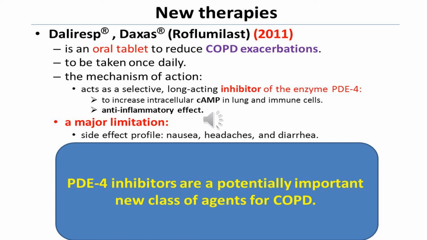This causes an increase in intracellular cAMP in lung and immune cells, producing an anti-inflammatory effect. Daliresp or Daxas is an oral tablet taken once daily to reduce COPD exacerbations. A major limitation, side effects: nausea, headache, and diarrhea.